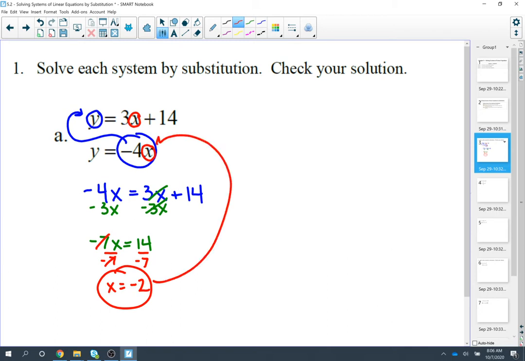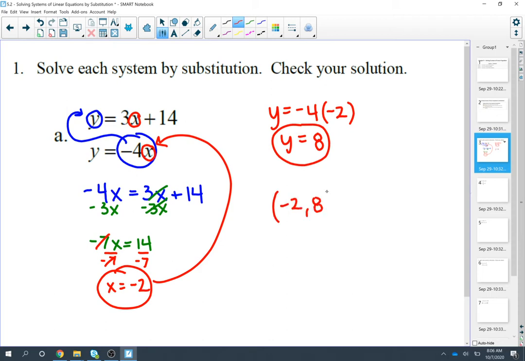So it's up to you. You can pick either one. It doesn't matter, but I'm going to substitute it into here. So that's going to give me y equals negative 4 times my x value, which I found is negative 2. So y equals negative 4 times negative 2 is positive 8. So your solution to this system is negative 2, comma, positive 8.